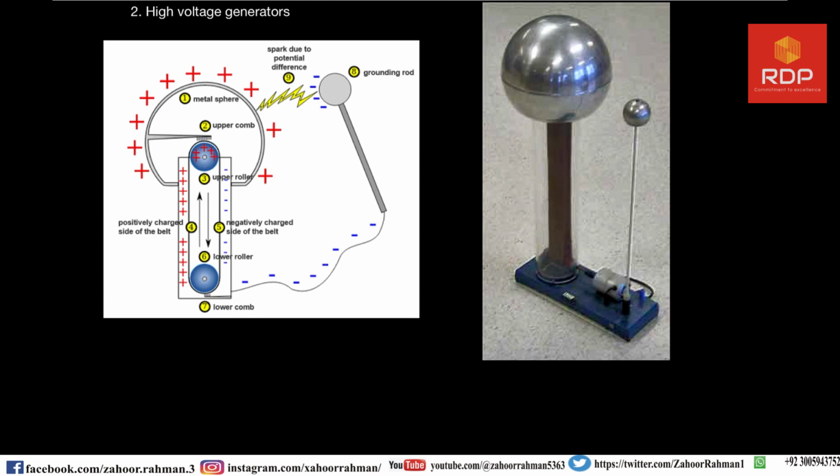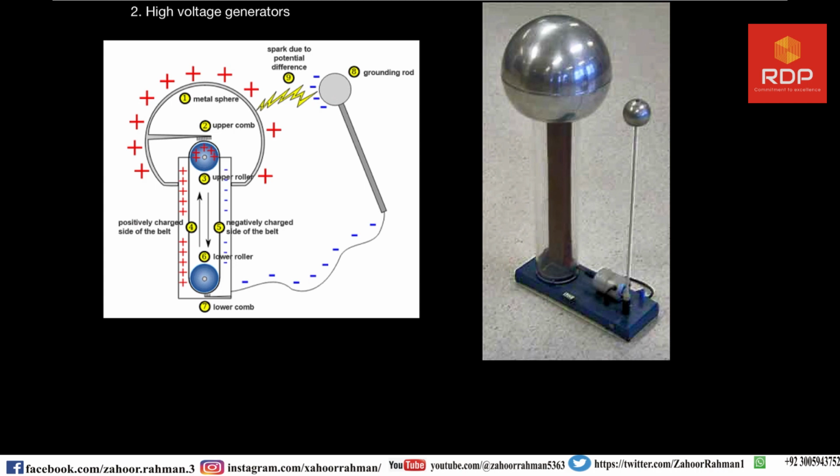Now, there is a metal sphere which is positively charged, and there are two plates. You can see that one of them is negatively charged and the second one is positively charged. There are two rollers, one known as the upper roller and the second known as the lower roller.